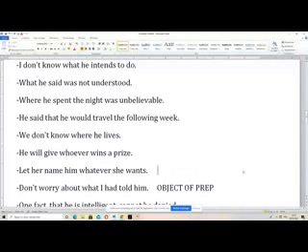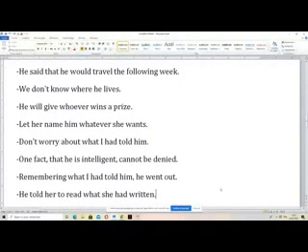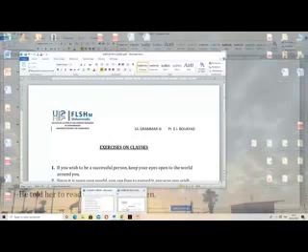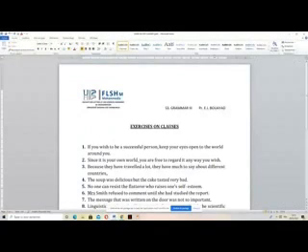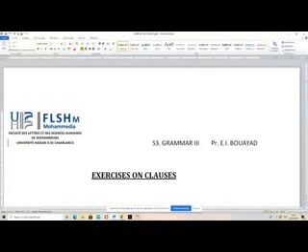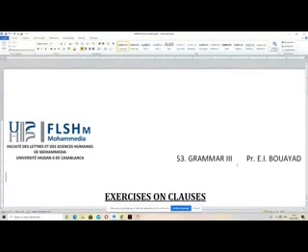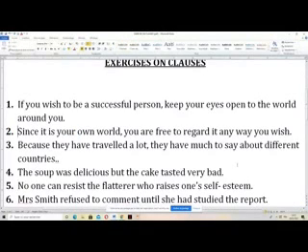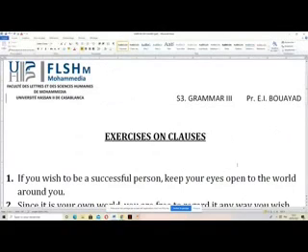This is oral, and then of course you'll have the same exercise to do and send to me. So we see here the exercise. This is just one exercise.